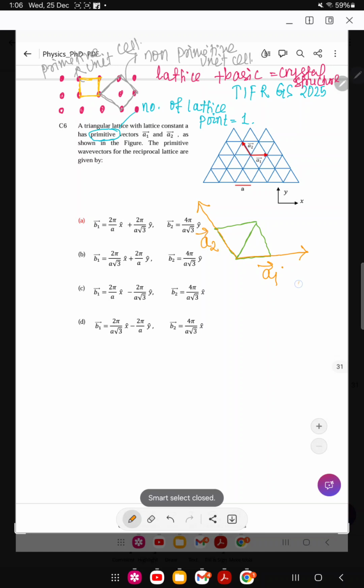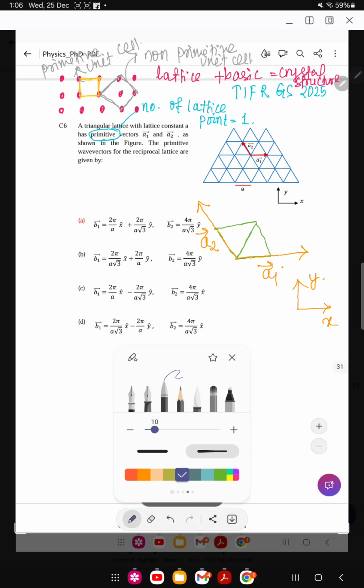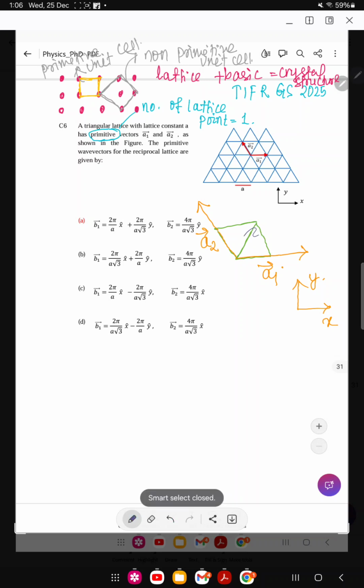As given in the question, define the direction of x, and perpendicular to this is the y direction. All the lattice constants are a, so the three sides are equal, and the angle will definitely be 60 degrees. So this is an equilateral triangle type of lattice cell.